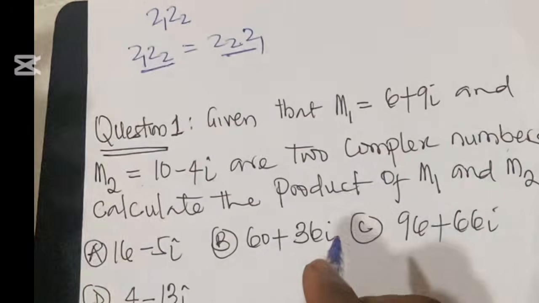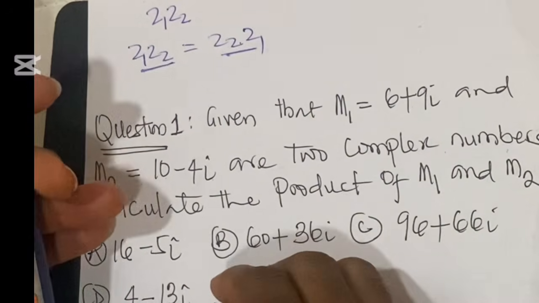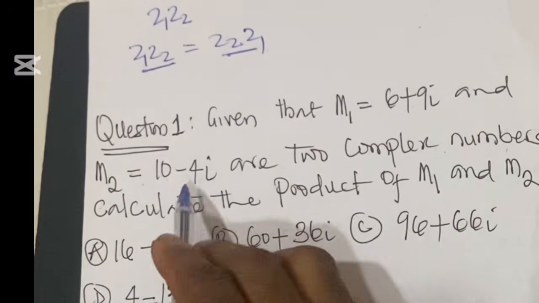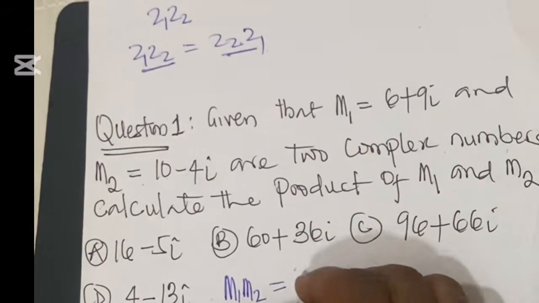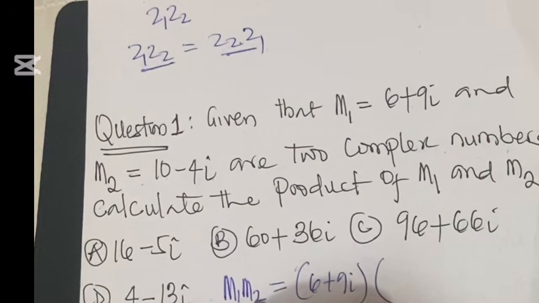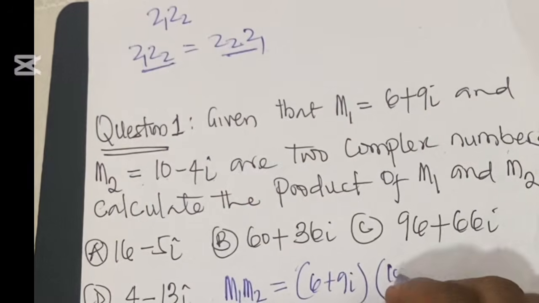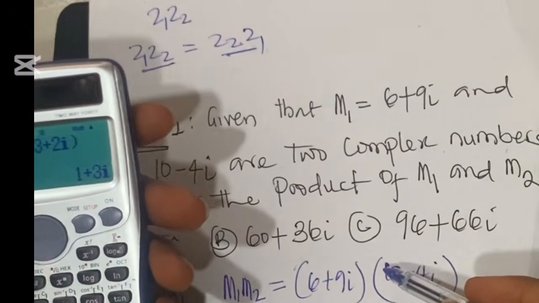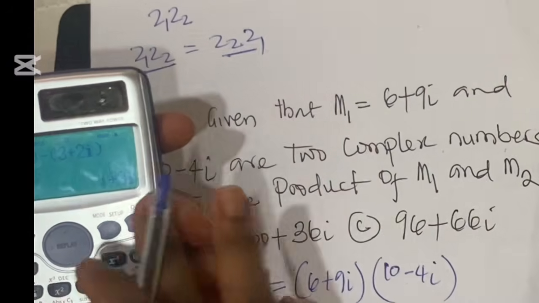So we're asked to find M1 M2, where M1 is 6 plus 9i and M2 is 10 minus 4i. Please take note.